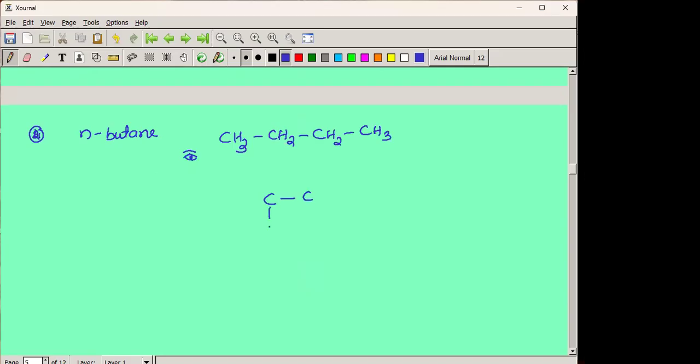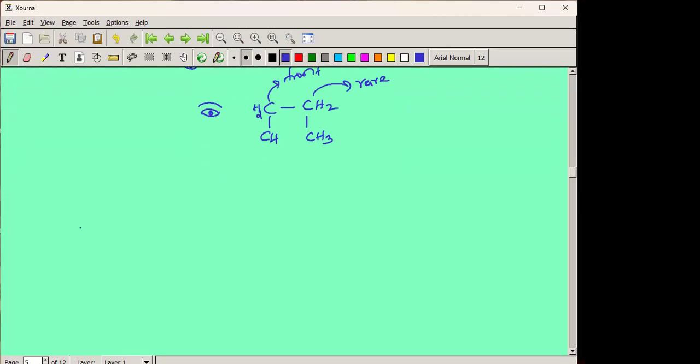This is a representation of n-butane. If we visualize this molecule like this, now this carbon is front and this carbon is the rear carbon atom. So how can we represent that? A circle and a dot.